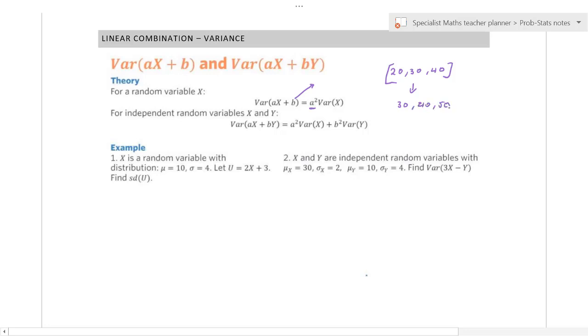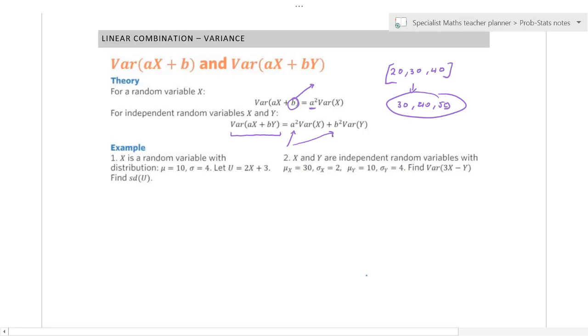The variance hasn't actually changed. So this whole plus b we don't need to worry too much about. But if we have a constant out the front of our linear combination, then it's that a squared, so be very careful with that. And the same thing over here with the constant: we've got a squared and b squared.